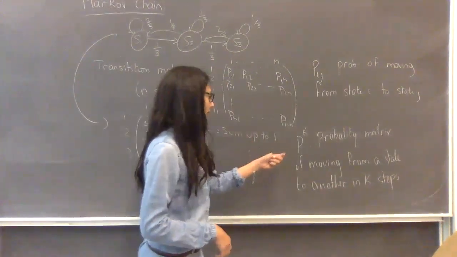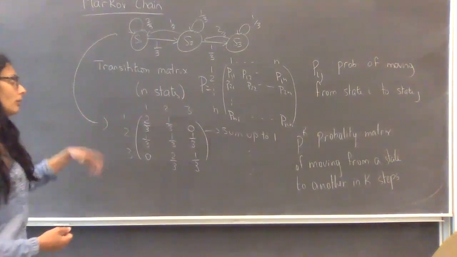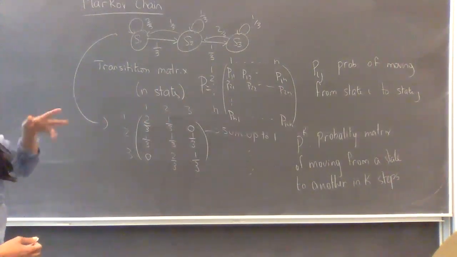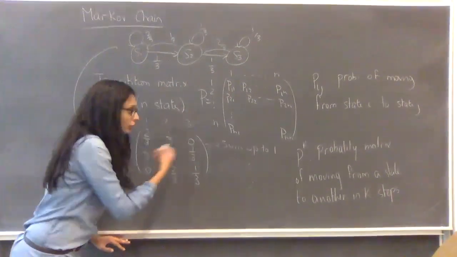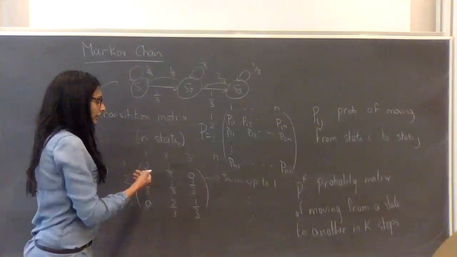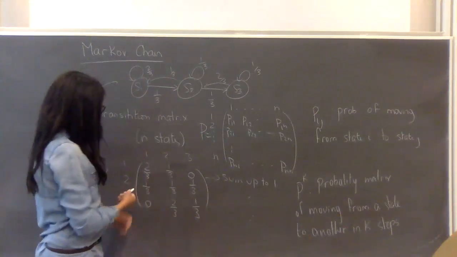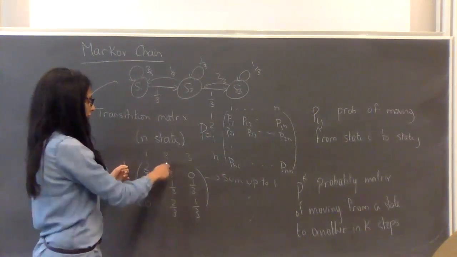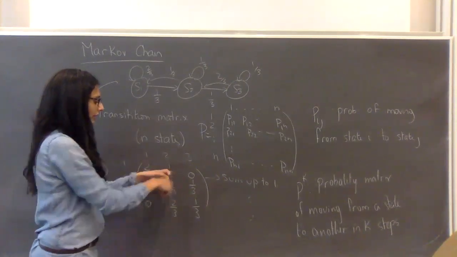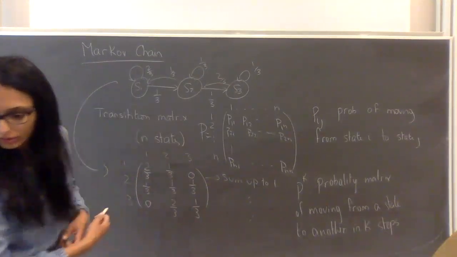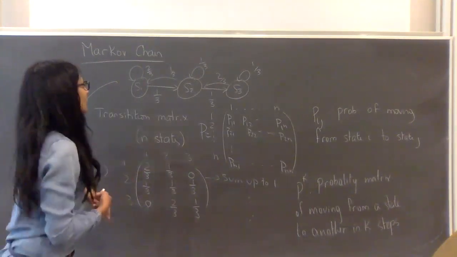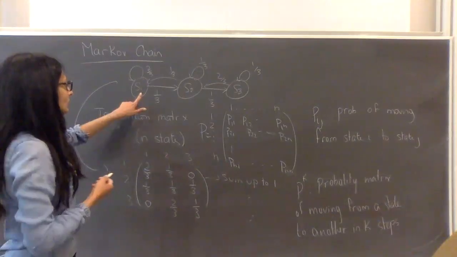If I want to find the probability of going from S1 to S2 in 2 steps, I can compute P^2, and then once I have P^2, I will look at the value for going from 1 to 2 in 2 steps. Or I can just see it on the graph.